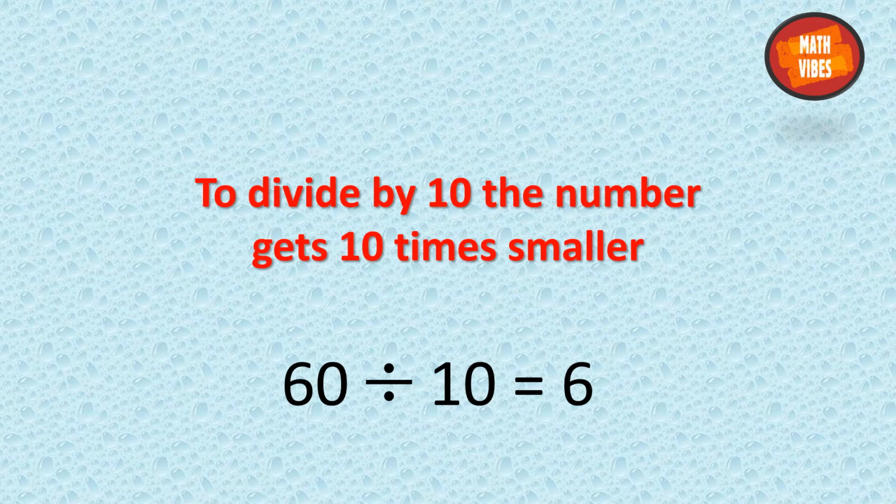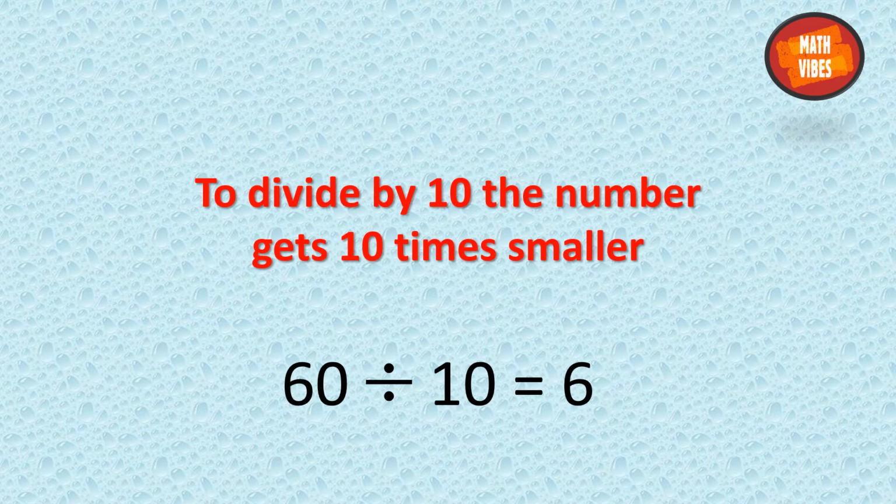So 60 divided by 10 is equal to 6. Earlier we had 60 things with us, and now we are left with only 6.